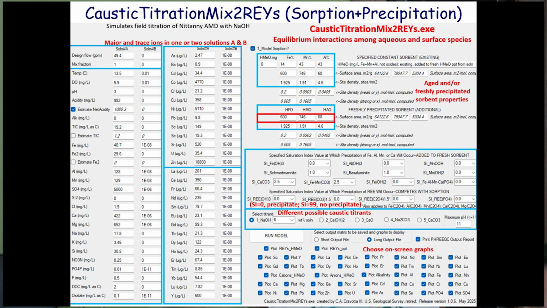We adjusted the pH to, I think, 6, 7.5, 9, 10, and at each of those pH intervals we sampled it and asked what's remaining in the water. I'm not going to explain the interface except for one thing: I did vary the surface area on this fresh precipitate because it helped me explain the data better. It shows how we can adjust these variables to improve our simulations.